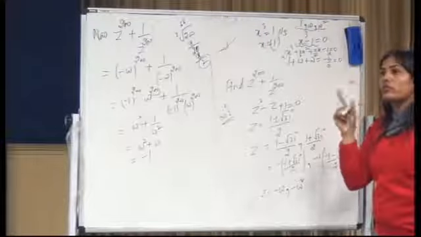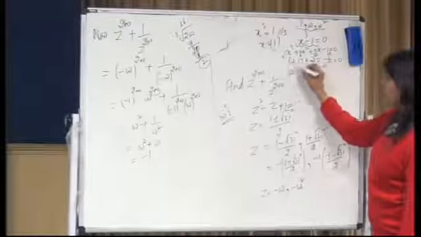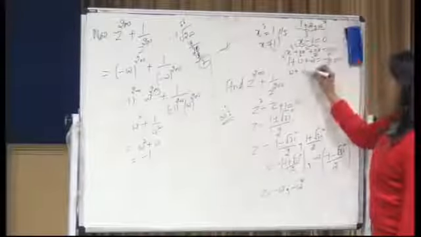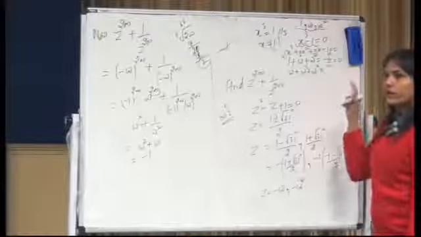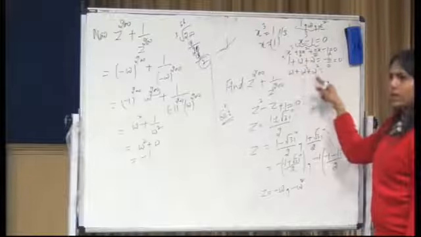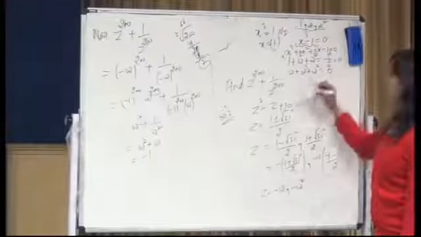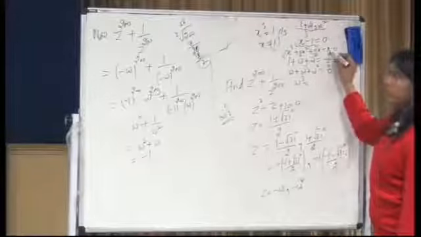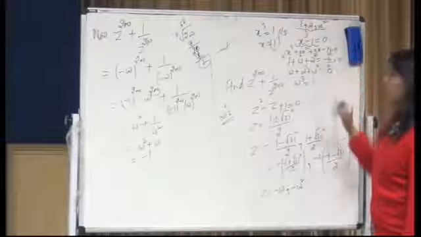Product of roots taken 2 at a time, this will be c by a, so again it will be 0. Then the last is the product of the roots, that is minus d by a, and that will be 1.